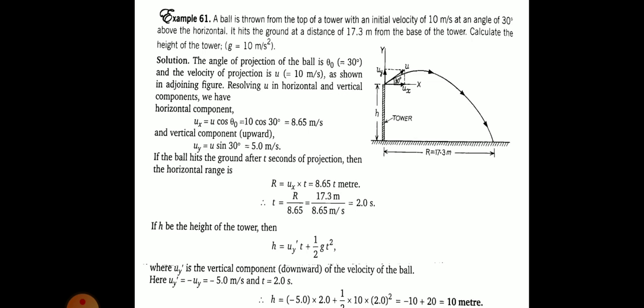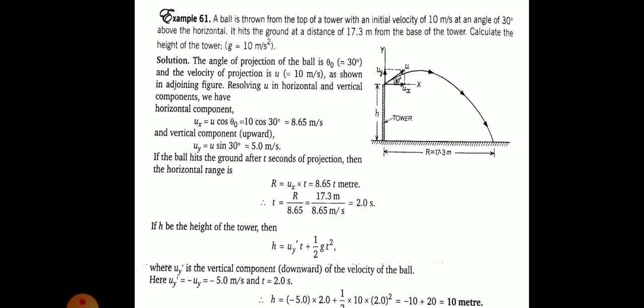So you have to split the motion in horizontal and vertical directions. You already know that projectile motion is an example of motion in a plane, and motion in a plane means motion takes place simultaneously in horizontal and vertical directions.